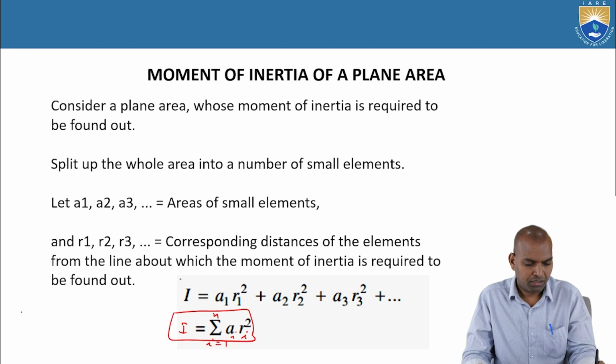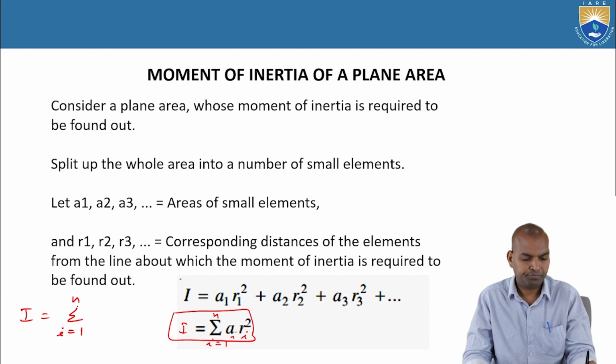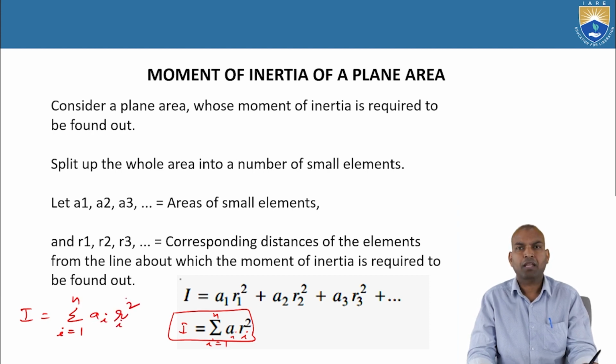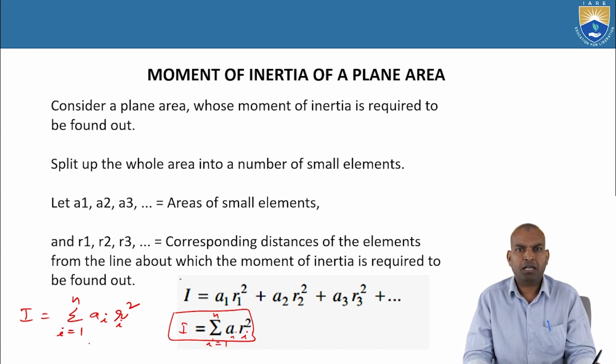So the generic expression for moment of inertia is I equals sum from 1 to N of Ai Ri square. For i equal to 1, Ai becomes A1 and Ri becomes R1, so A1 R1 square and A2 R2 square and so on.